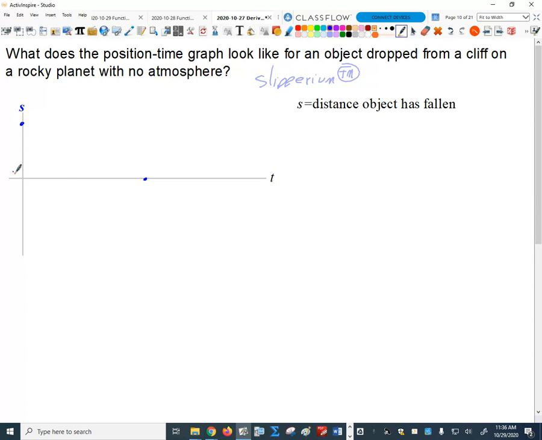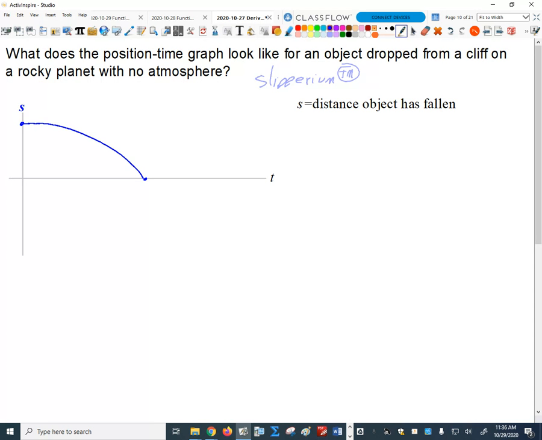Because as time progresses, it's not changing its position very much, is it? It's just doing something like that and it's picking up speed and now it's starting to cover more ground per increment of time. Does that make sense? So if we're looking at position versus time, that's maybe what it looks like. Everybody agree?